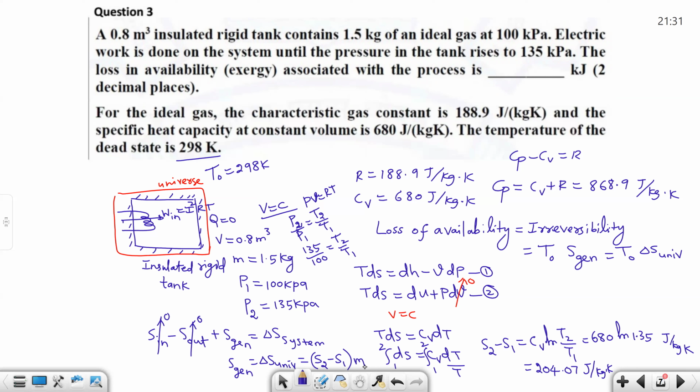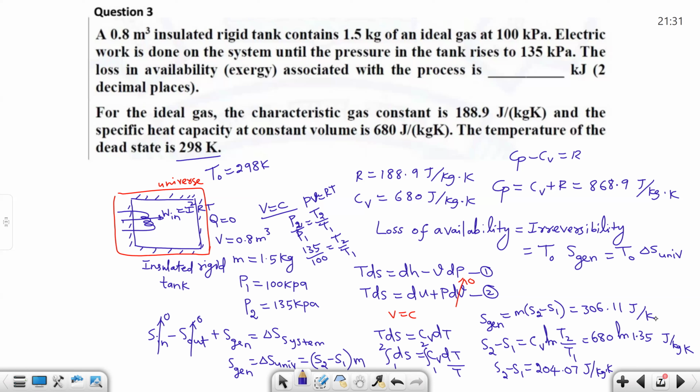Entropy generation is equal to m into S2 minus S1, 1.5 kg multiplied by this 204.07, giving 306.11 joule per Kelvin.